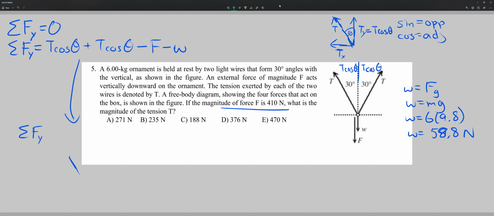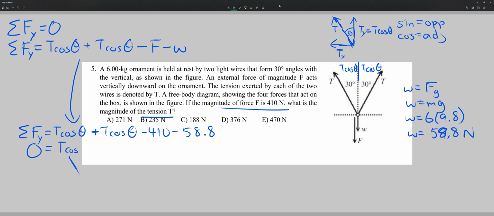Right, so now all we need to do is plug in everything. The question wants to know what's the magnitude of tension T. So T cosine theta plus T cosine theta, minus 410, minus my weight of 58.8. My net force there is 0. My tension is what we want to solve for.